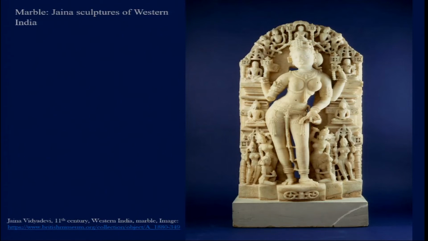This pristine white that does not have any blemish not only talks about the absence of opulence or absence of colors or other details, but also how white is related to spirituality. All those different aspects we find associated with white when we consider Jaina art, and that is also reflected in their choice of marble as their preferred medium of expression.